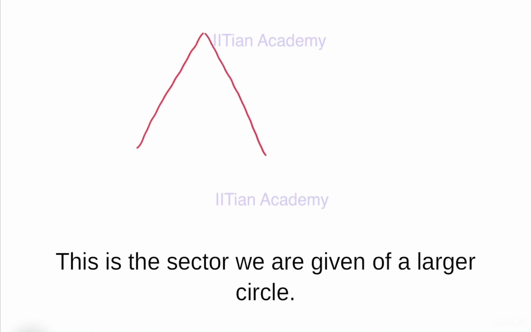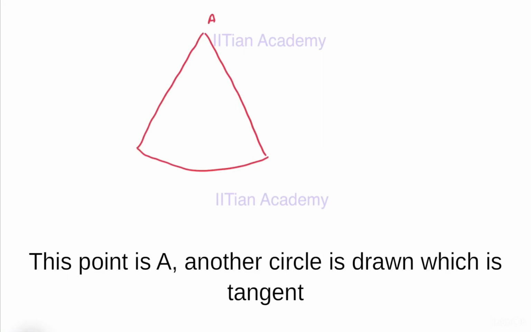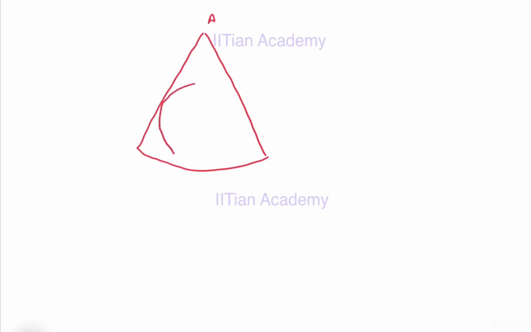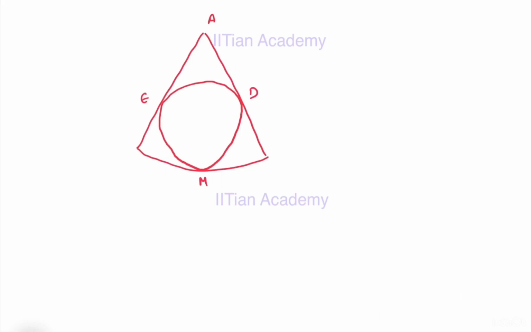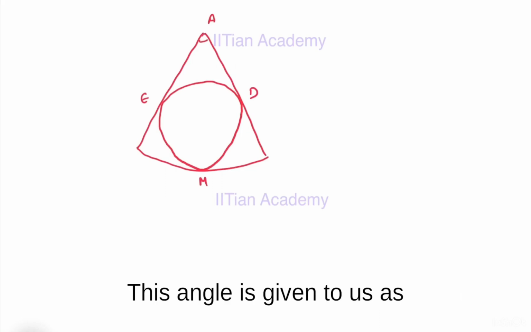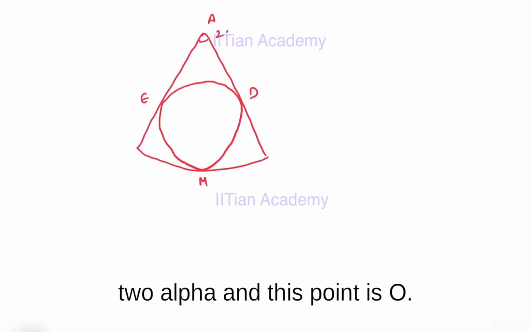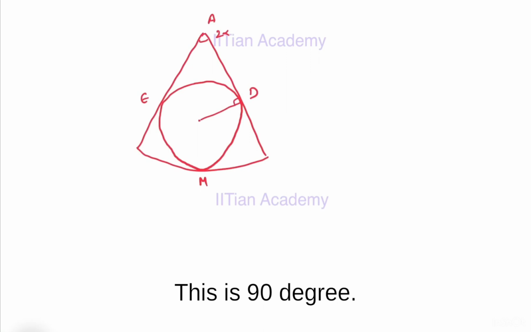This is the sector we are given of a larger circle. This point is A. Another circle is drawn which is tangent to these 3 points, E, D, and say this is M. This angle is given to us as 2 alpha, and this point is O. This is 90 degrees.